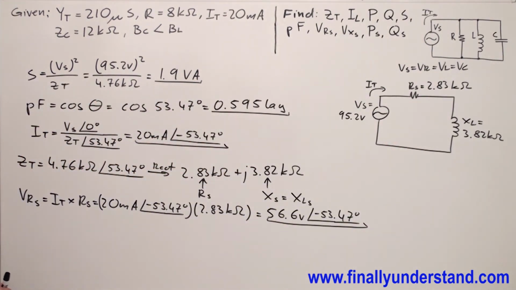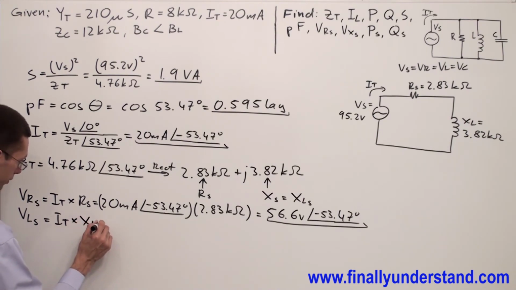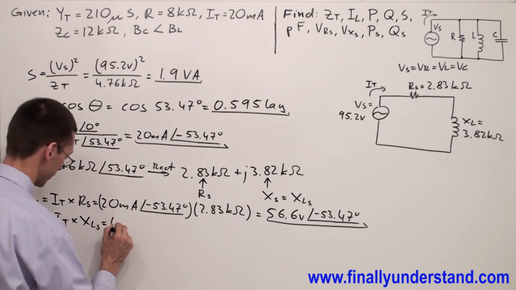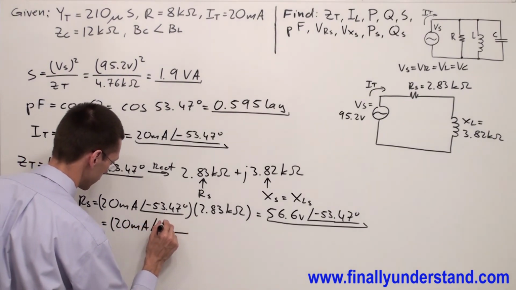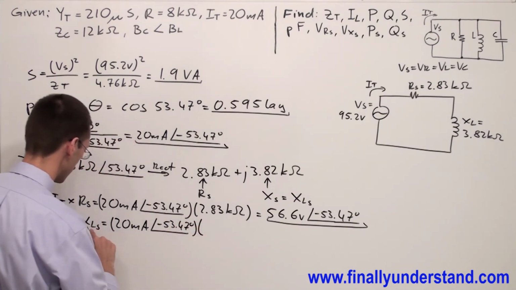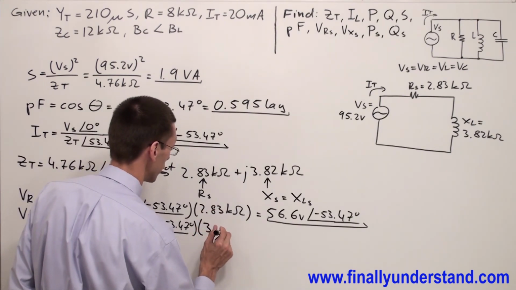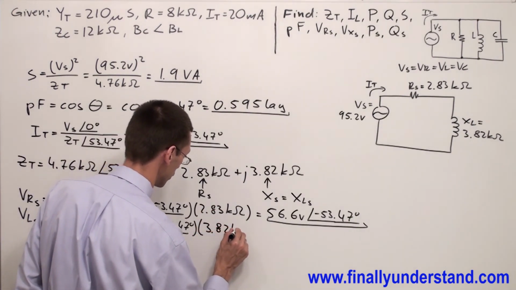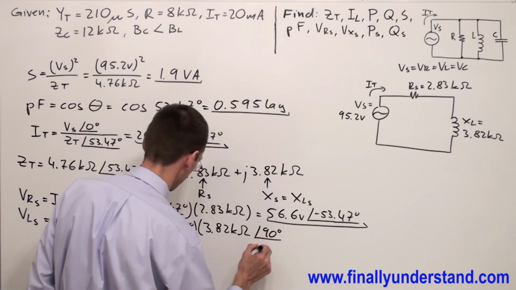Next, I have to find the voltage across the inductor, V_LS, which is equal to I total times X_LS, which is 20 milliamps at an angle of negative 53.47 degrees, times X_LS. So I have 3.82 kilo ohms at an angle of 90 degrees.